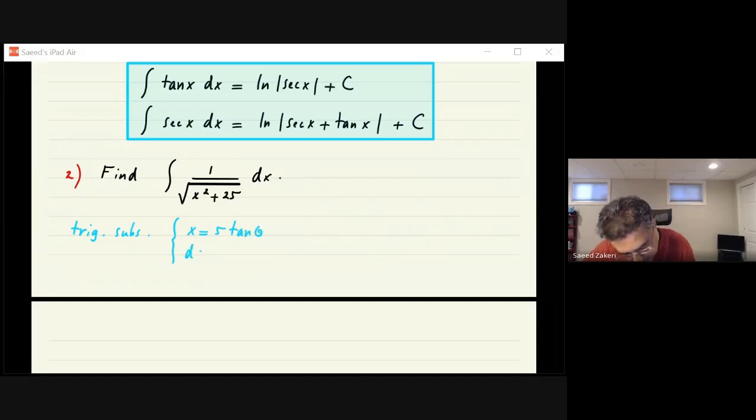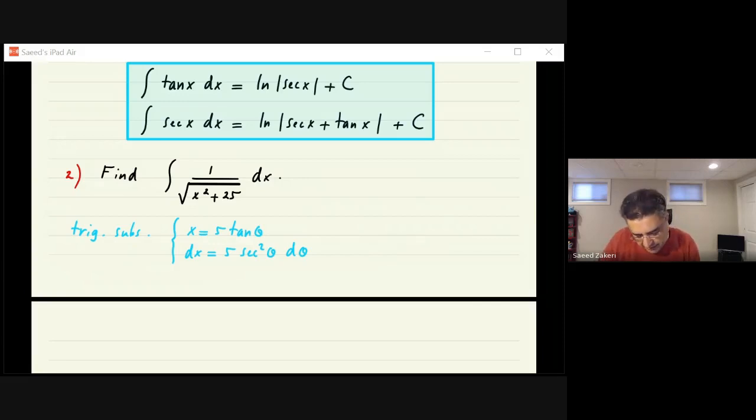And then my dx will be 5 secant squared theta d theta. Whenever you have the integral of the square root of a squared plus x squared, or x squared plus a squared, the suitable trigonometric substitution, if you want to choose a trigonometric substitution, would be a tangent theta.